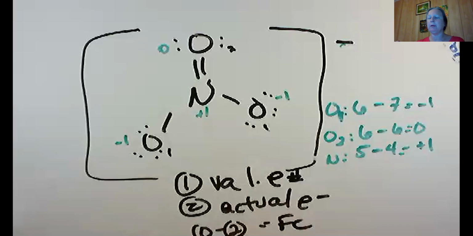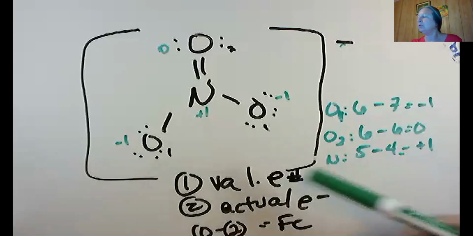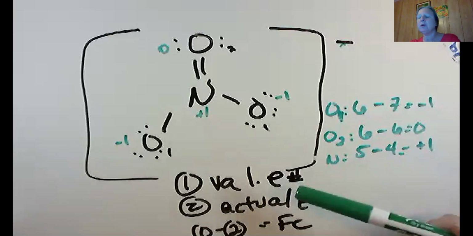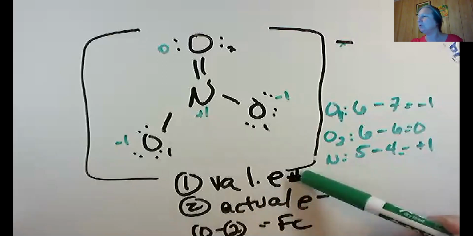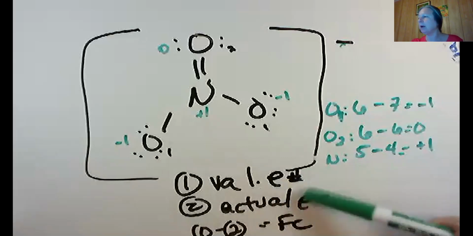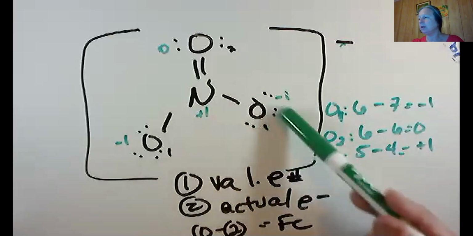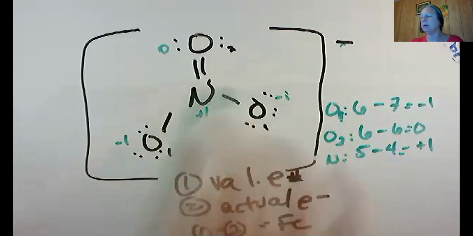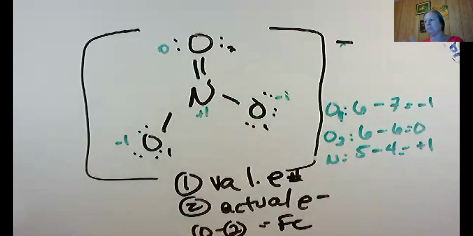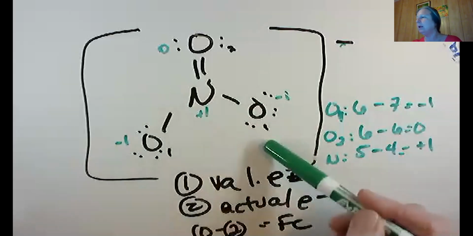All right, so this is how you do it. Again, it's bookkeeping. Just go through and assign the formal charge numbers. Don't overthink it. Valence electron number from the periodic table minus the actual count. Count the electrons. A bond counts as 1 because we're only looking at the actual electrons contributed here.